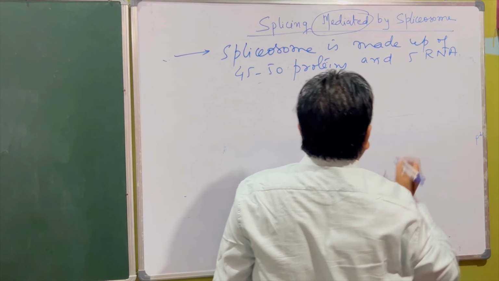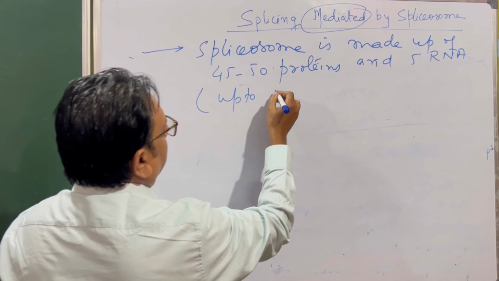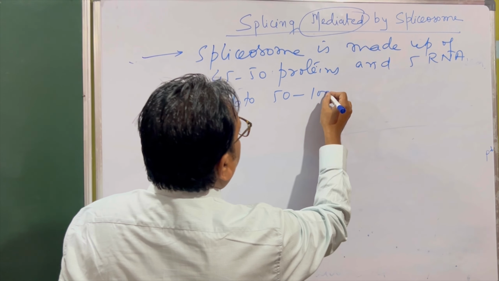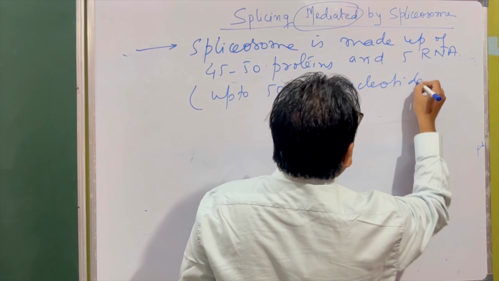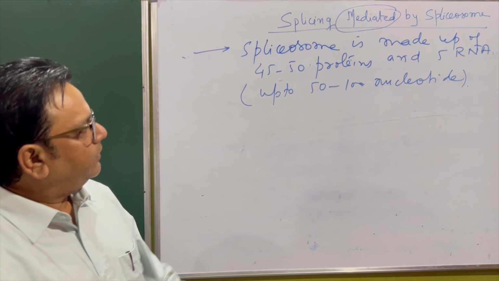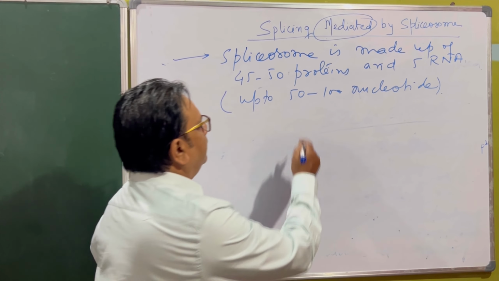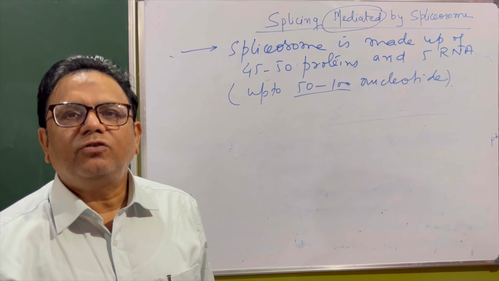5 RNA. Okay? And RNA is not long. It is made up of 50 to 100 nucleotides. So obviously, when you are talking 50 to 100, it is a bit small.